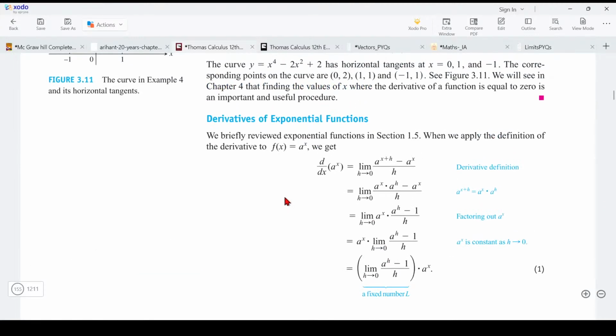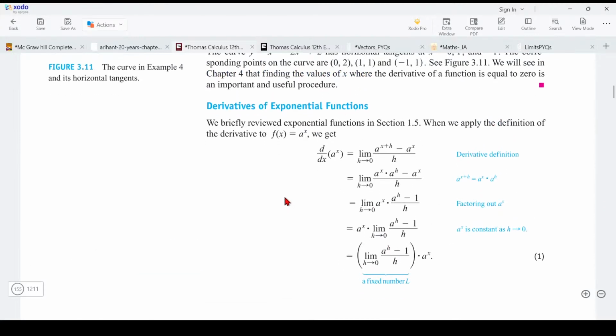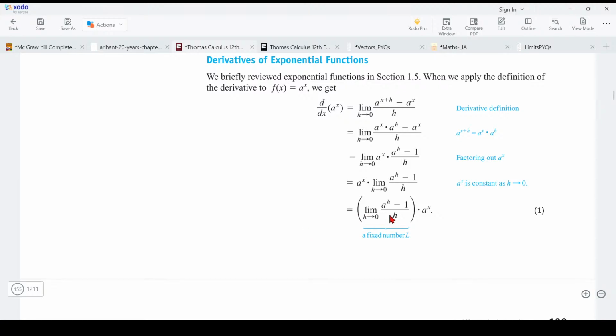Let's derive the derivative of a power x. What we are doing is a power x plus h minus a power x by h, agreed? That is f of x plus h minus f of x by h. We can write this like this. Now we are taking a power x common and writing it like this.